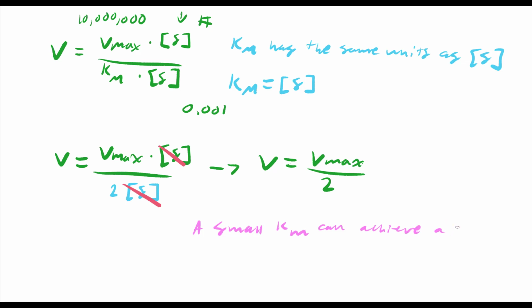A huge velocity at a low concentration of S. At a low concentration of S. And of course, this is when Km is equal to S, right? So there you go. Sometimes it can just not even be equal to S. You just have to have a low enough concentration of S to have a huge velocity, okay? So I think that's pretty cool.